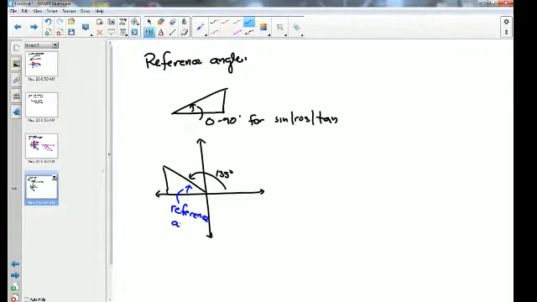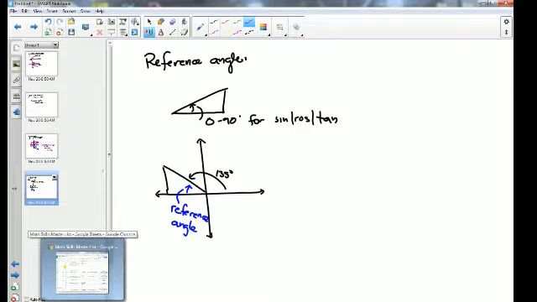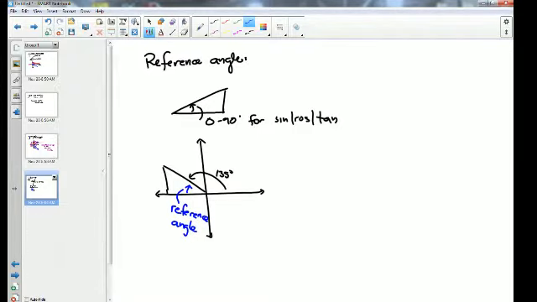Is it asking us to find the length? No. It might say, what is the sine of 135 degrees? You actually have to use the reference angle, sine 45, because that's what we have the values for. If you have a 135 degree angle, the reference angle is always the angle formed with the x-axis.